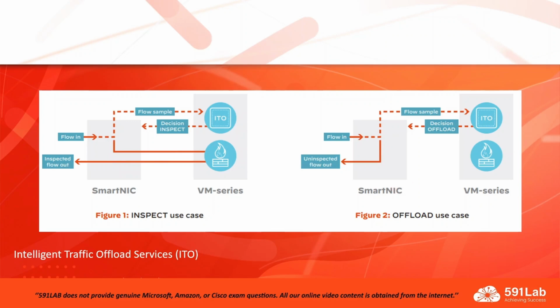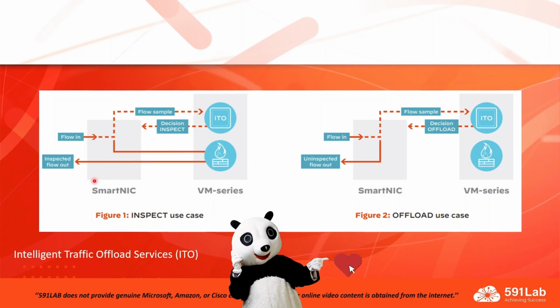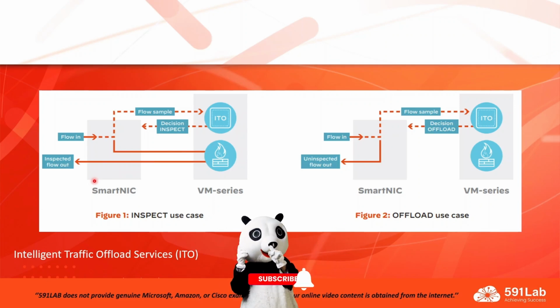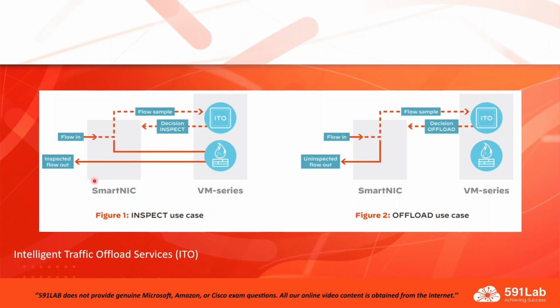ITO integrates with Smart NIC. Then ITO will determine whether or not the flow of traffic can benefit from security inspection. This is why ITO has the capability to bypass or redirect the traffic to the VM-Series for inspection.